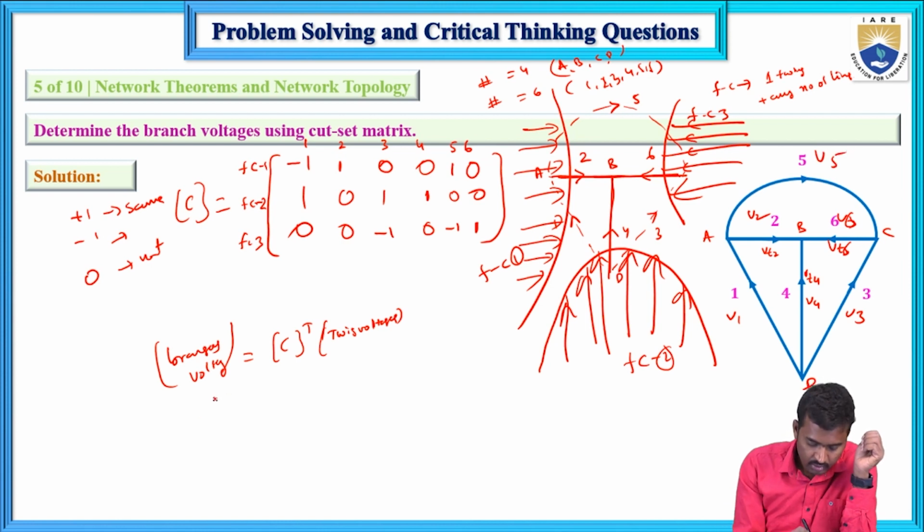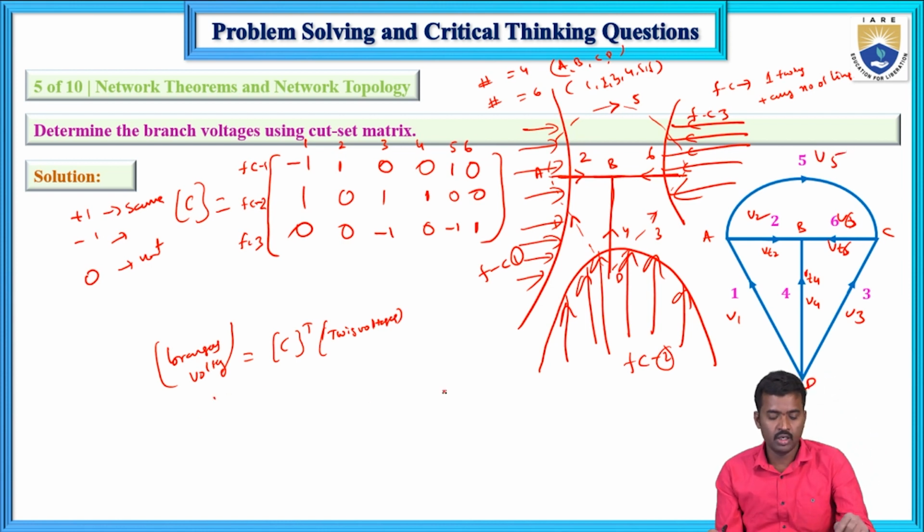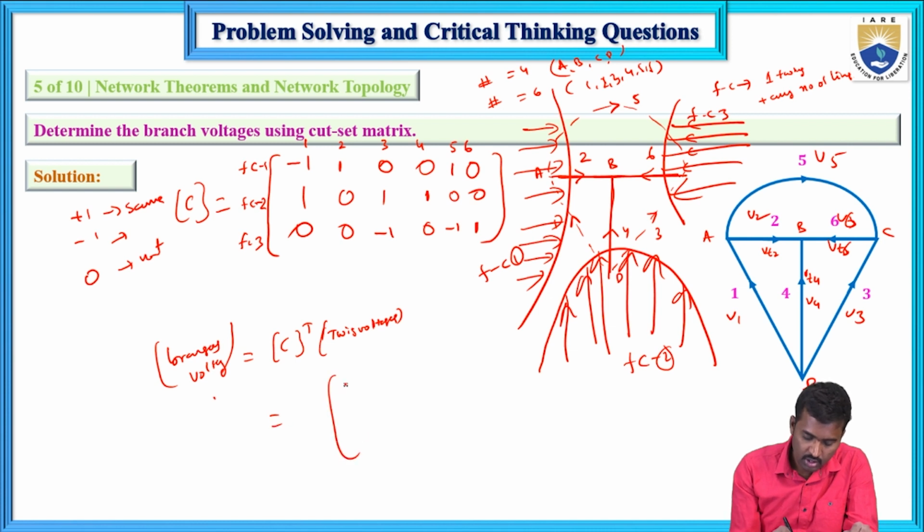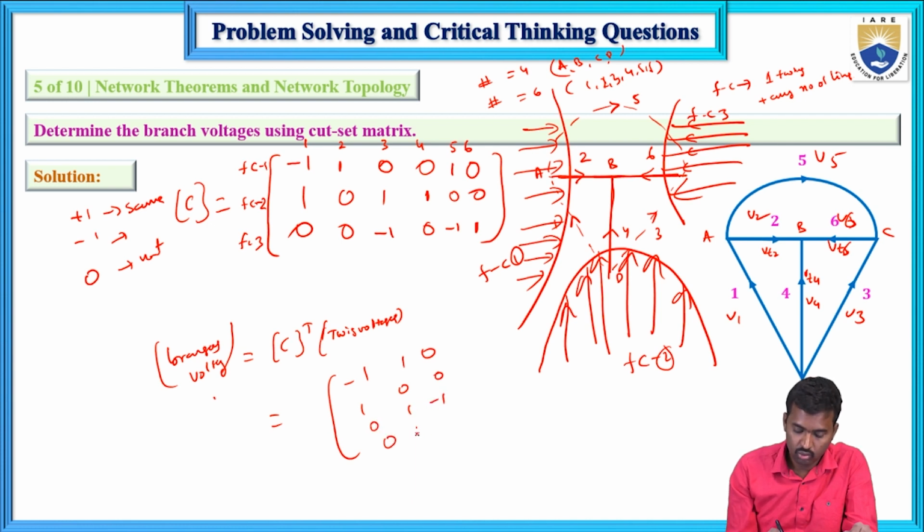Now here, the transpose of C means -1, 1, 0, 1, 0, 0, 0, 1, -1 and 0, 1, 0, next 0, 1, 0, 1, 0, -1 and 0, 0, 1. How many total? 6.